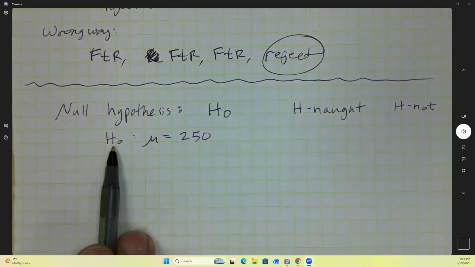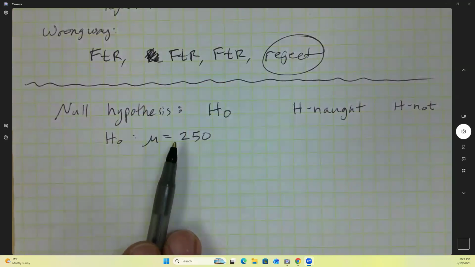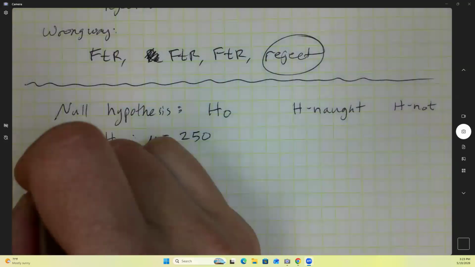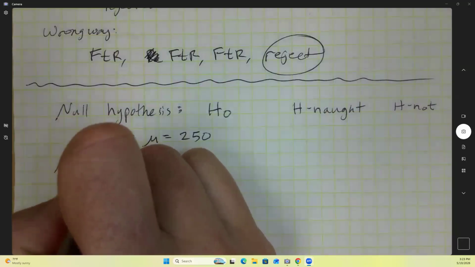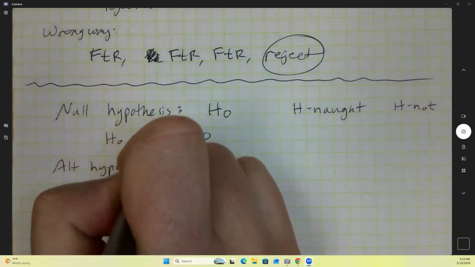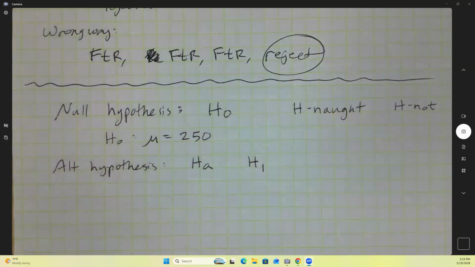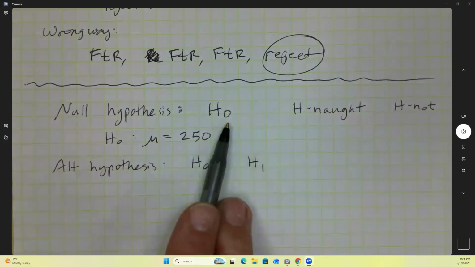This is the null hypothesis that the average number of spines is 250. And the alternative hypothesis is often written either as HA or H1. A for alternative, 1 because 1 is different from 0.